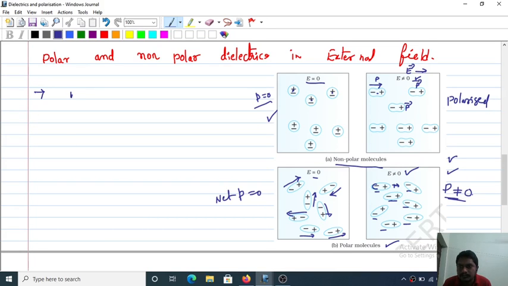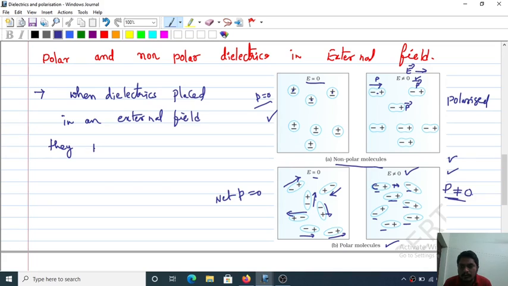When dielectrics are placed in an external field, they will be polarized.